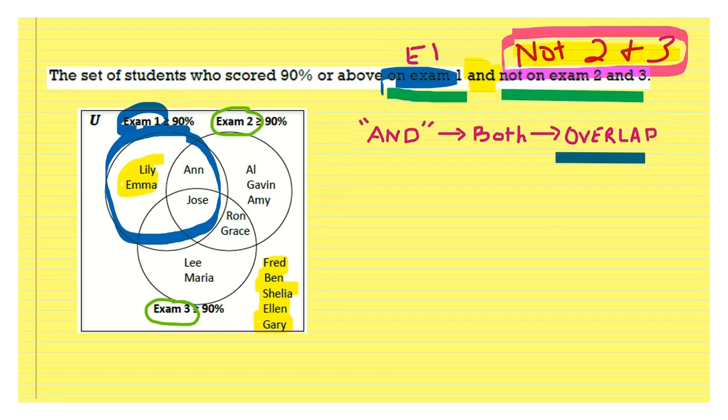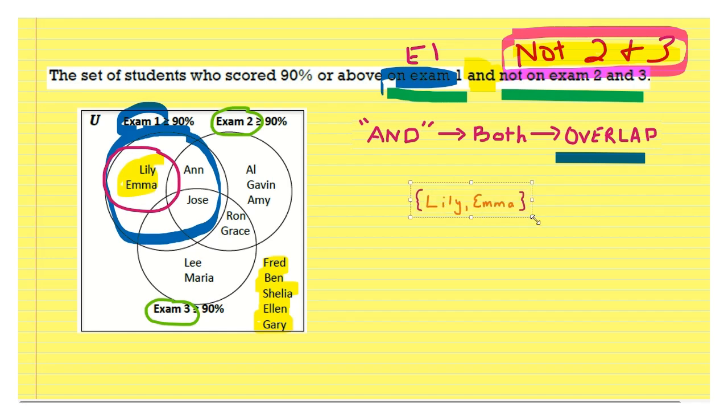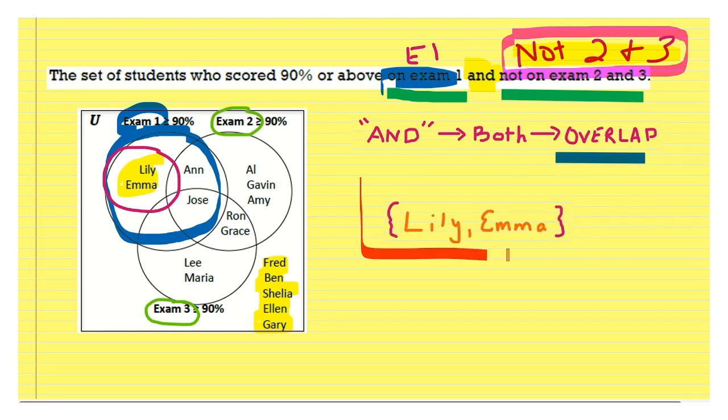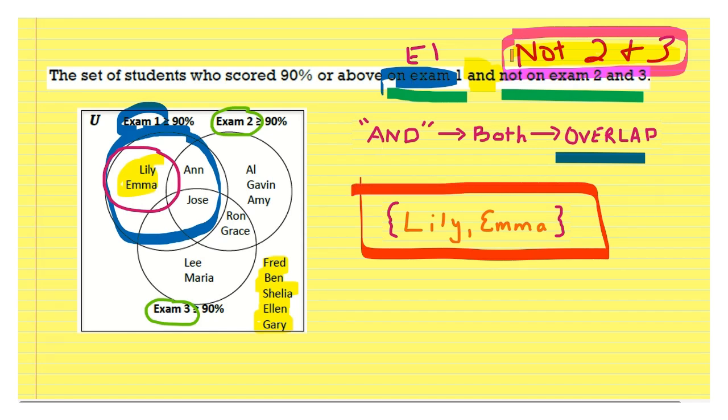It's only going to be the overlap. So the overlap includes everything inside the blue circle, the yellow that is also inside the blue circle. So it's only going to be Lily and Emma. So we represent our roster like this: Lily and Emma. This is the roster. It represents the set of students who scored higher than 90% on exam 1 and not on exam 2 and 3.